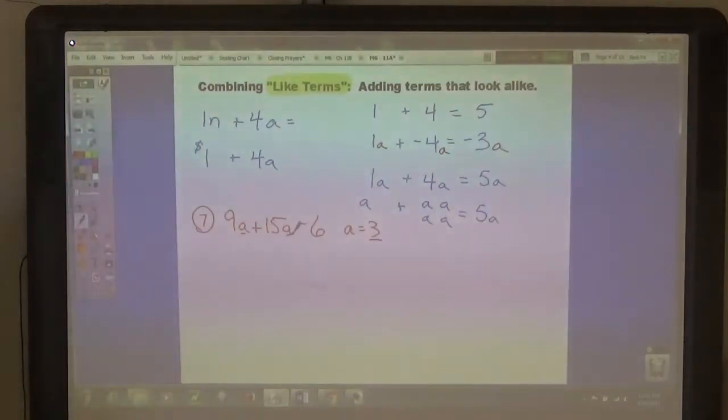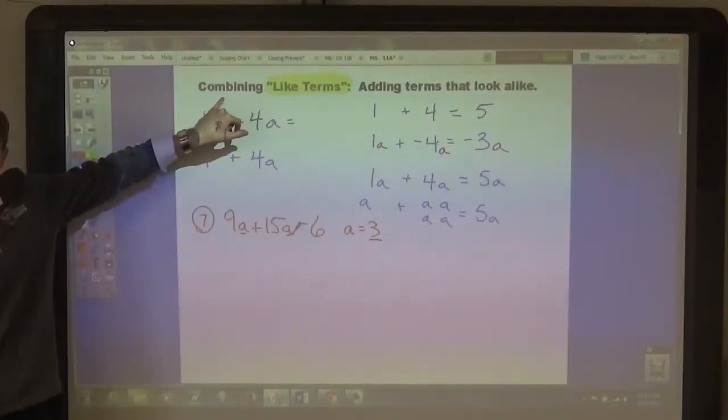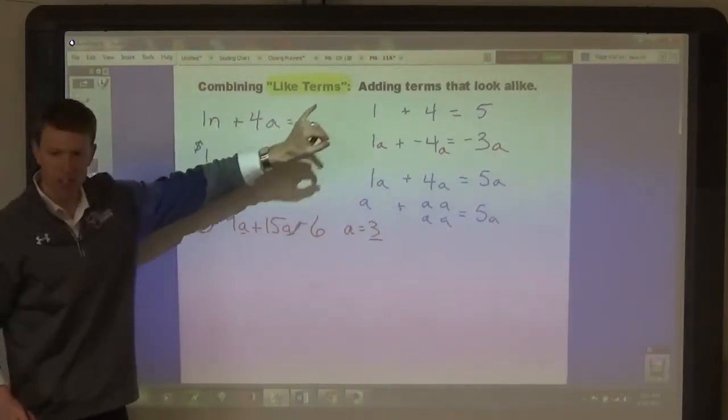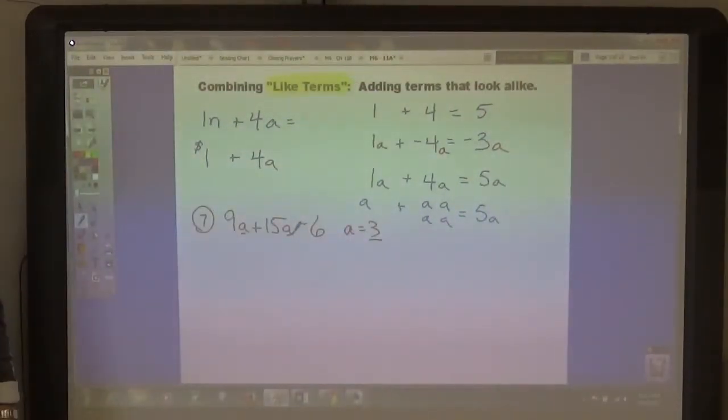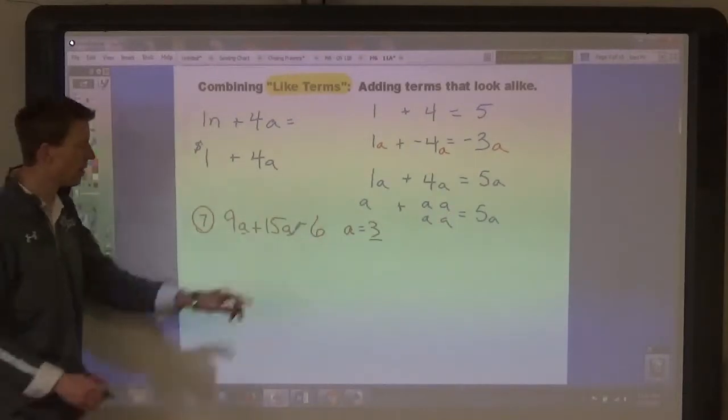But before we do that, we can simplify this expression by combining the like terms, or adding the like terms. So add 9a's plus 15a's first. You might want to write this down because this is going to be part of your homework. Devlin. 24a's. Correct.